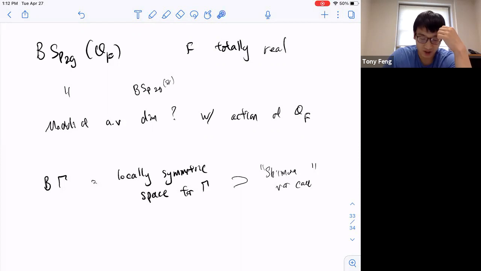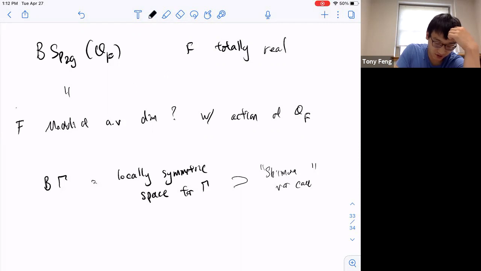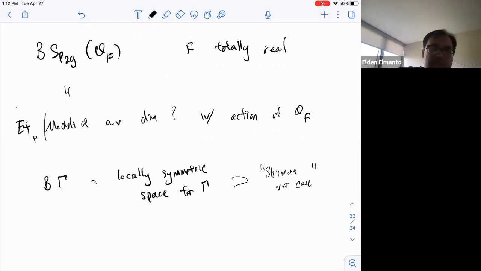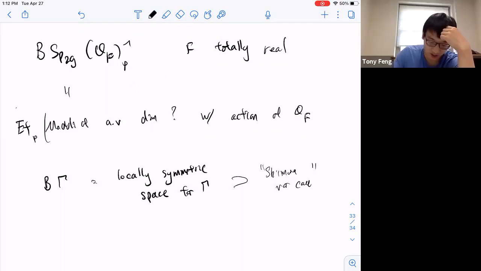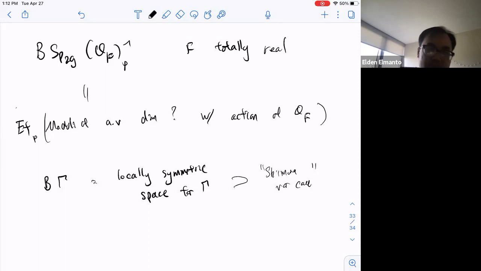What this means is the homotopy type of the moduli stack. Yes, I understand. Okay, cool. It's not equal, but when totally real, it's okay.